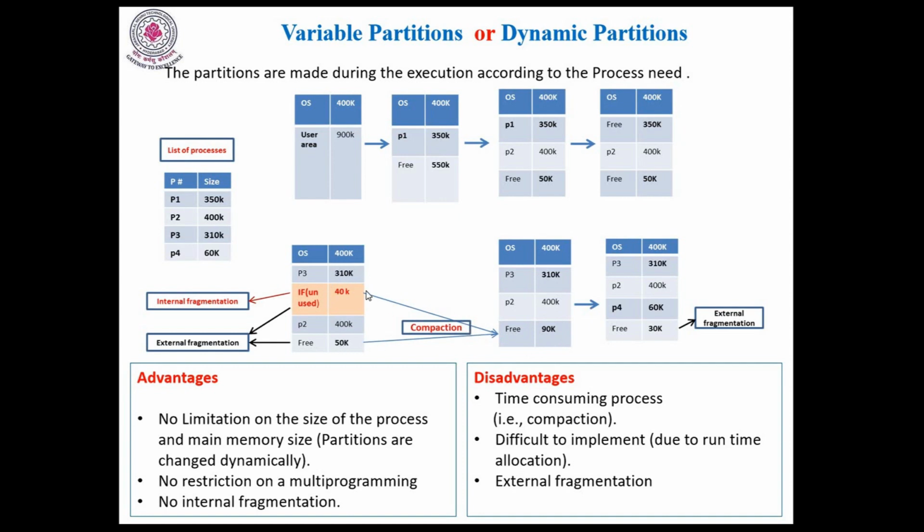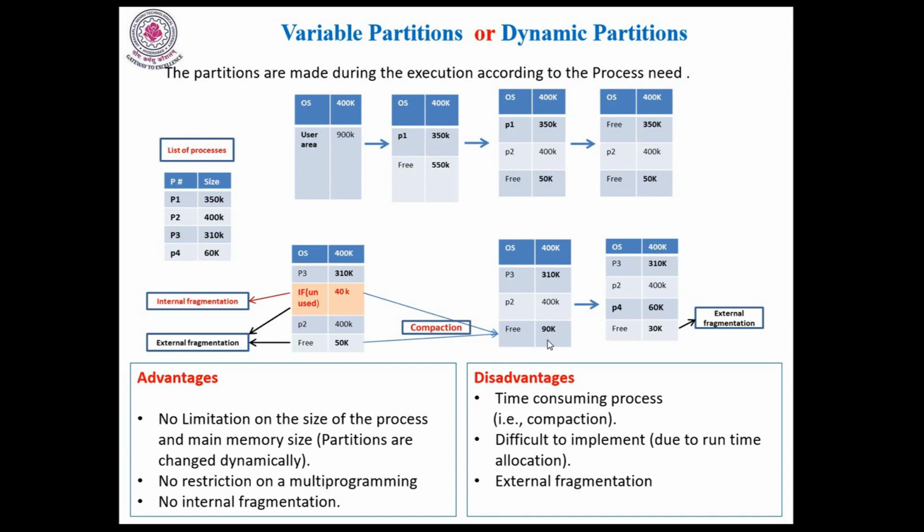How is it possible? The partitioning is dynamic partitioning at the time of execution, so I can apply the shuffling method. With the help of the compaction method, I am able to make two groups, the used area and the unused area. So now the unused area of 90K is there. My P4 requirement is 60K.